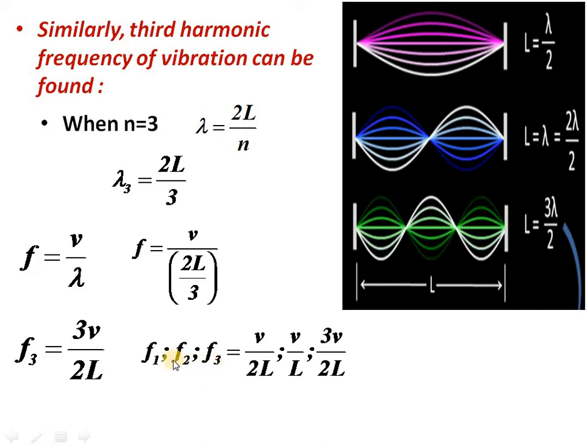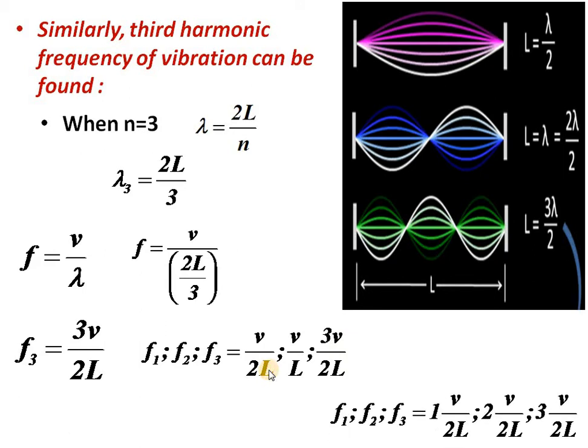Suppose you find the ratio of all the 3 vibrations: V by 2L, V by L, 3V by 2L. A slight modification: you can also write it as 1 into V by 2L, the second has 2 into V by 2L, and the third has 3 into V by 2L. Understand now? So this is in the ratio 1 is to 2 is to 3.